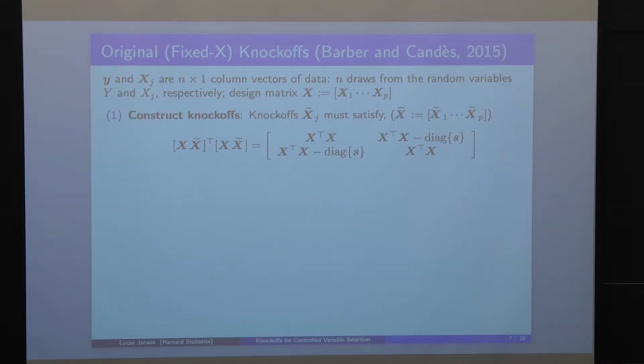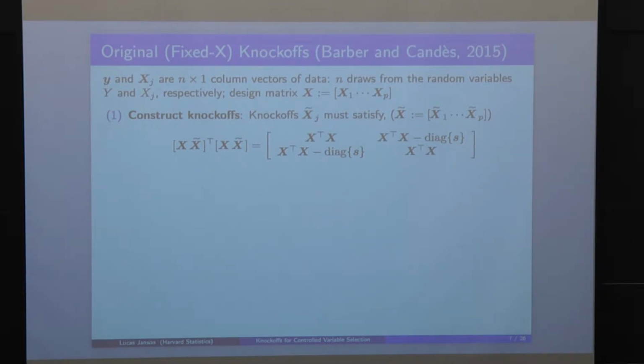And so we concatenate it with the original design matrix to make this augmented n by 2p design matrix. And it needs to have this geometric property. I haven't told you what S is, but there just needs to be an S such that this holds. And of course, this has to be positive definite. We want S to be as big as possible because that's the difference between your original variable and the knockoff variable.